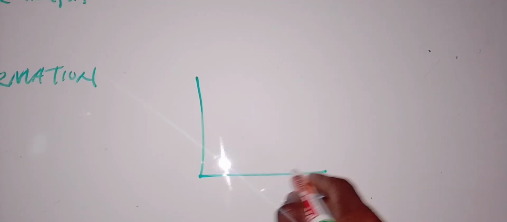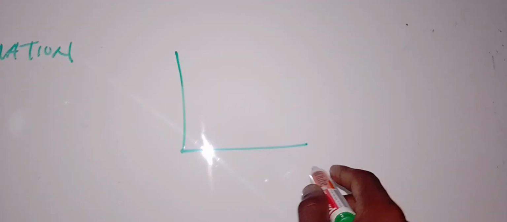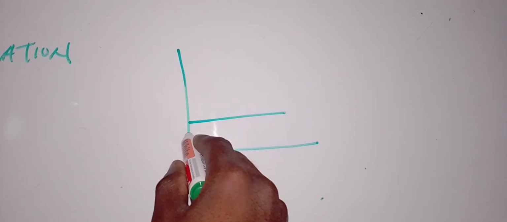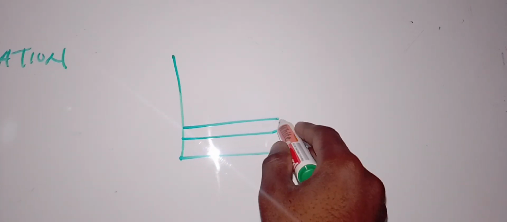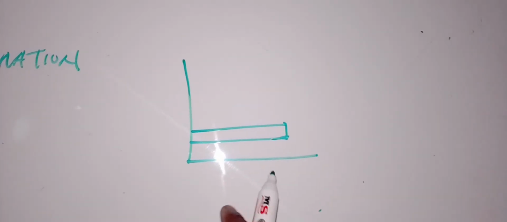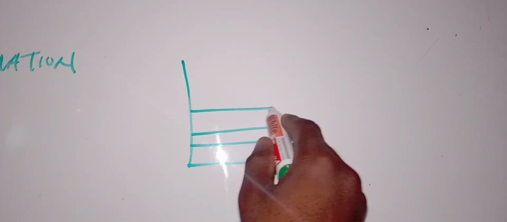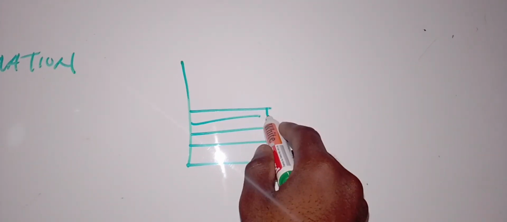For the horizontal one, we have an x and y axis, and then we have bar graphs. Bar graphs are like this. If they are coming in this order, then they are horizontal bar graphs.